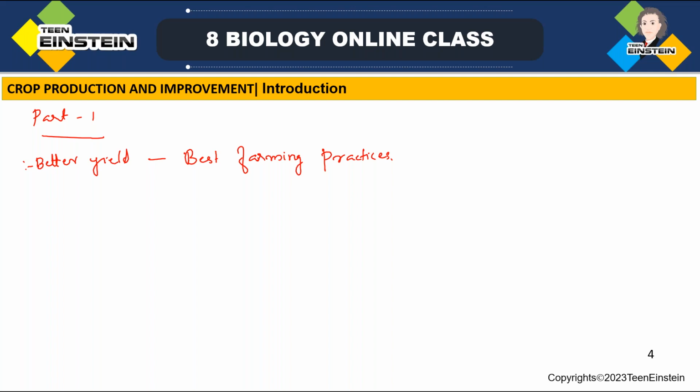So agriculture practices means soil preparation. In soil preparation, how to prepare the soil for cultivation: plowing we need to do, right?